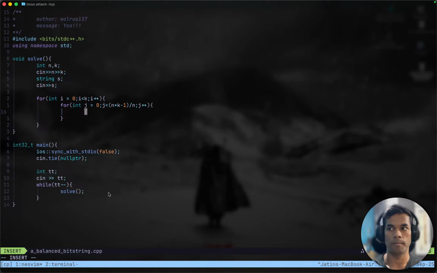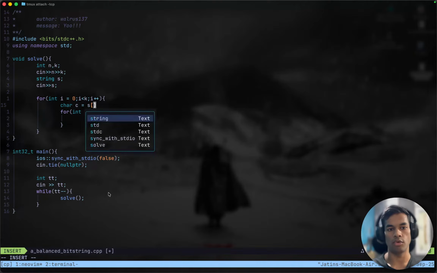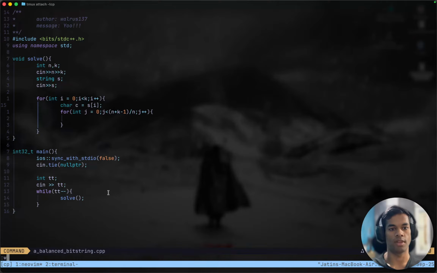Now, for every substring, we are first checking the 0th character. Char c is going to be equal to s[i], the first character.